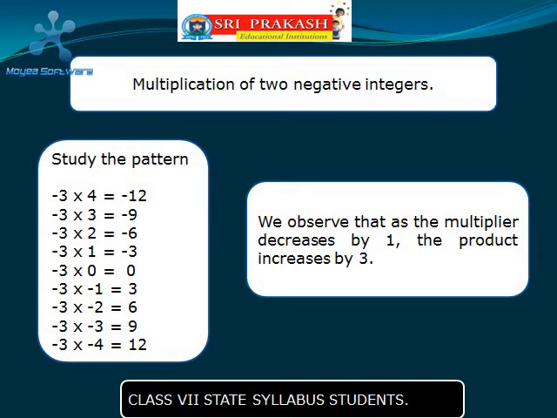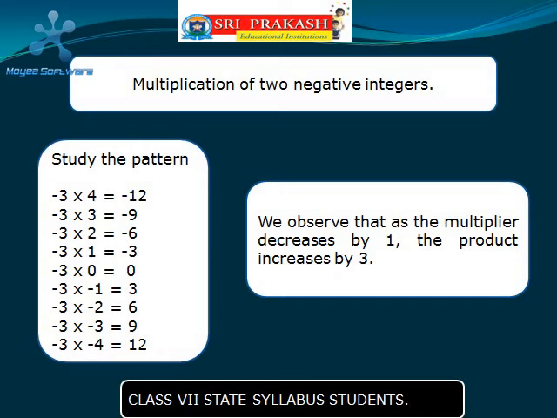That means when we decrease the multiplier by 1, the product increases by 3. Let us see the next one. Minus 3 into 2 is equal to minus 6. That means minus 6 is greater than minus 9 by 3.